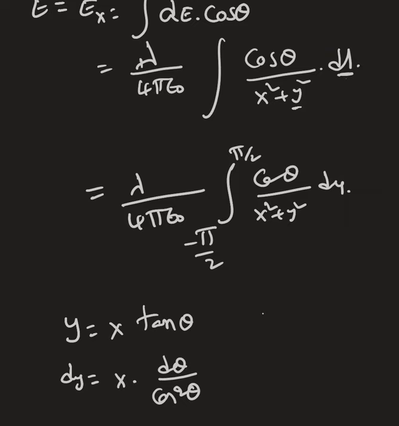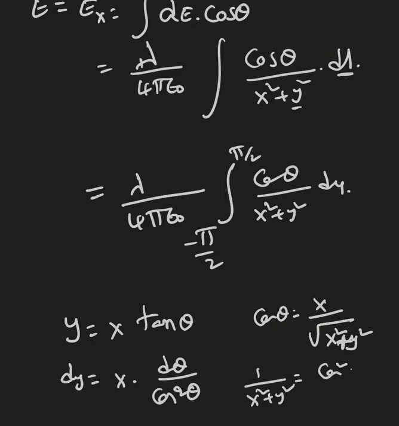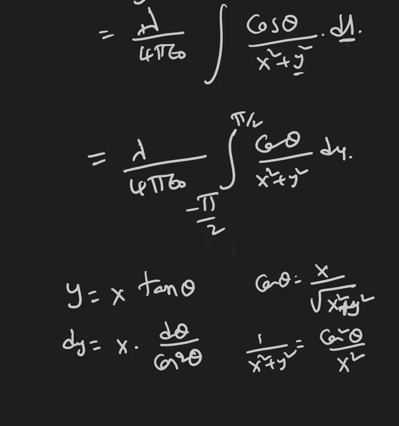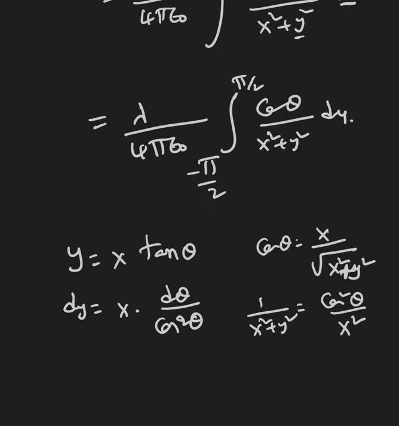And we know that cos theta is nothing but x over square root of x square plus y square. So 1 over x square plus y square equal to cos square theta over x square.